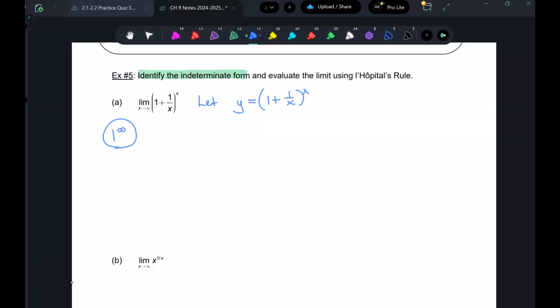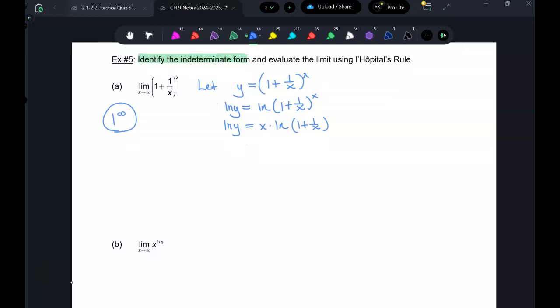So this is where our logarithmic differentiation comes in. Because when we have a base and an exponent that have a variable in, we want to get that variable out of the exponent. So we'll put the x in front.